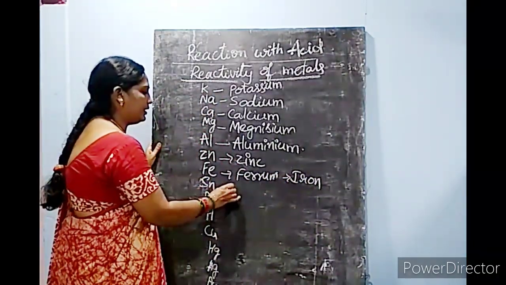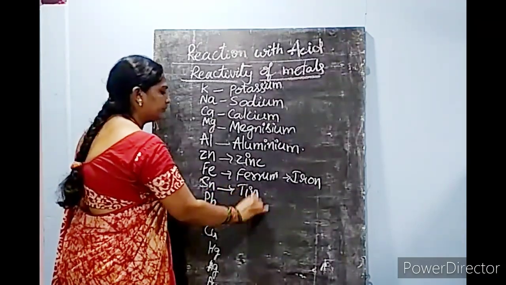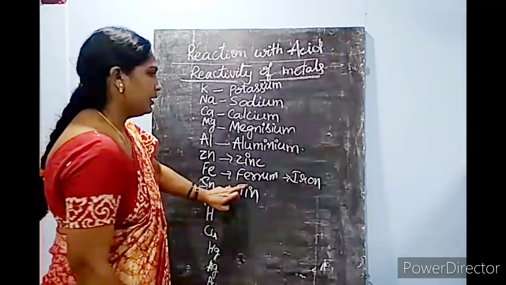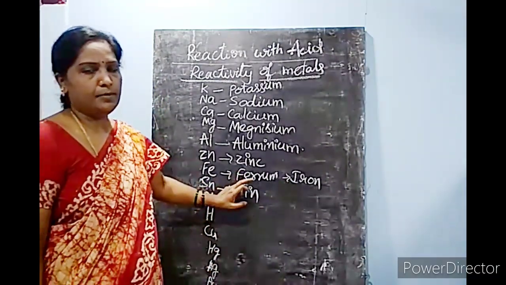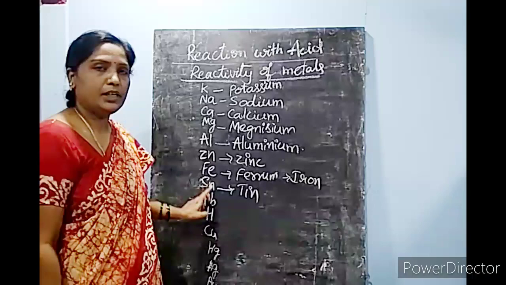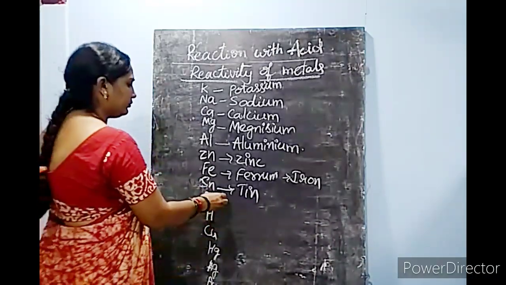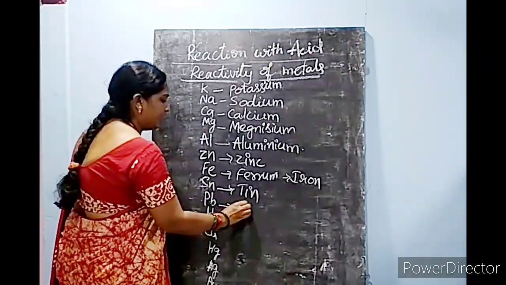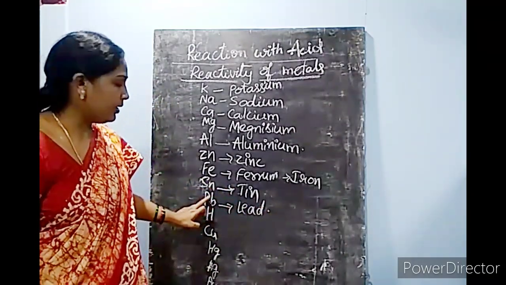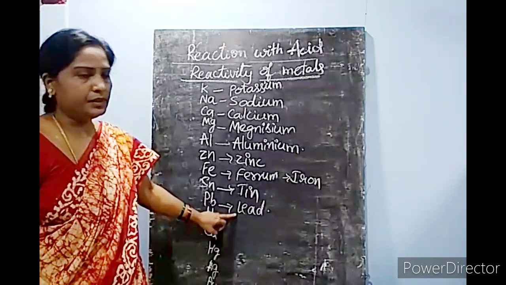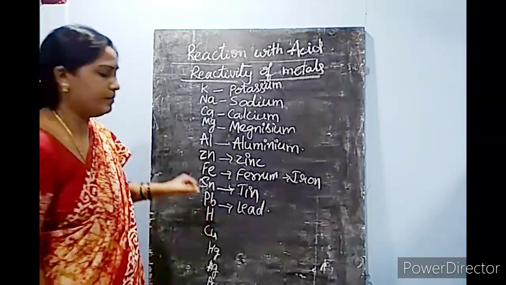And Sn means tin. The Latin name is stannum, that's why the symbol is Sn. And Pb is lead. The Latin name of lead is plumbum, that's why the symbol is Pb.